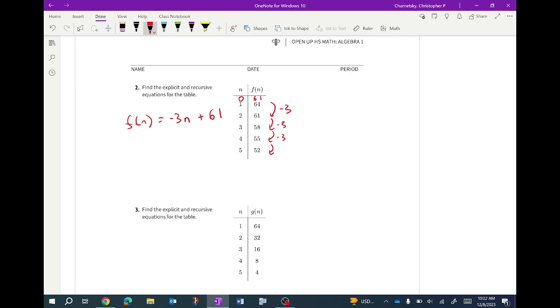Or I could write it as a recursive as f of n equals f of n minus 1 minus 3, and then I also need my first term here, so f of 1 equals 64.